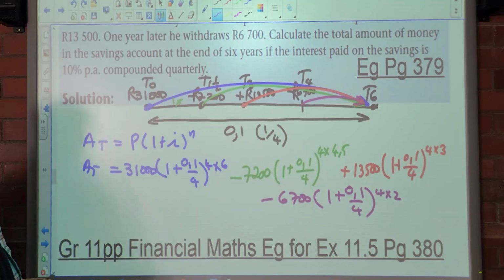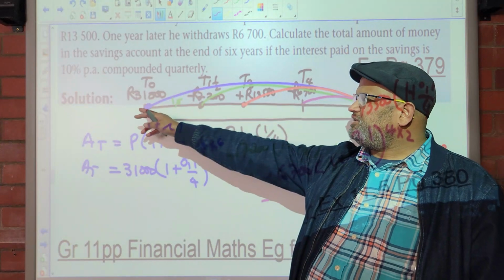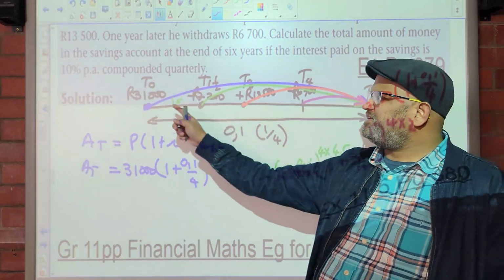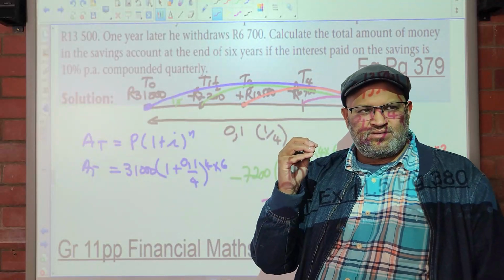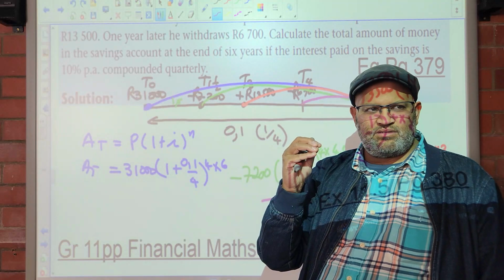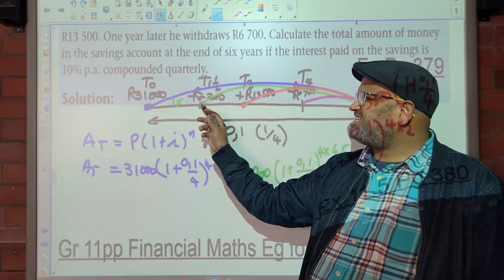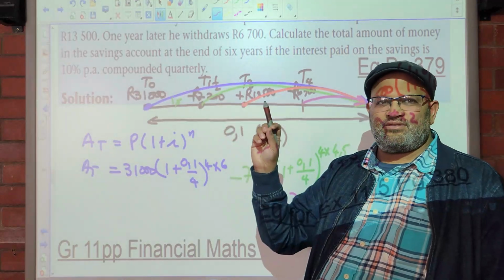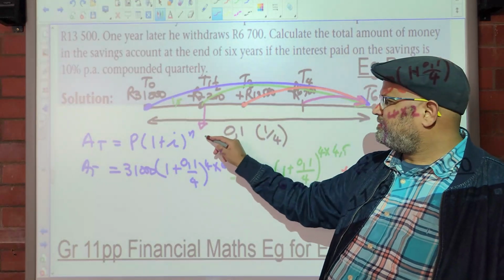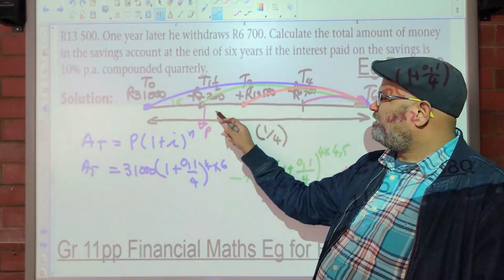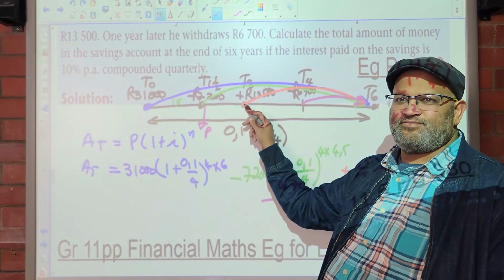And Ratnavili is going to rather do it the other way. So what she's going to say is 31,000 rand into 1 plus 0.1 over 4 to the exponent 4 times 1.5, not so, and she gets the answer. And then she subtracts 7,200 from that answer. That becomes now your principal. Then we go with that answer into 1 plus 0.1 over 4 to the exponent 4 times 1.5 again.